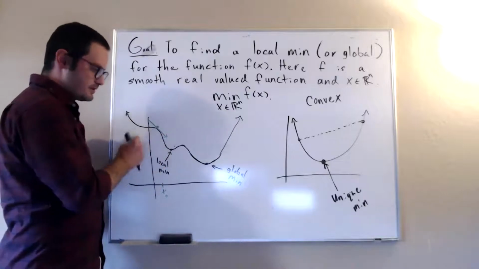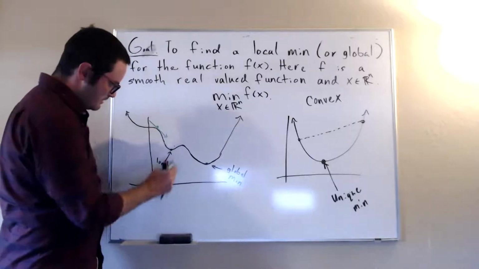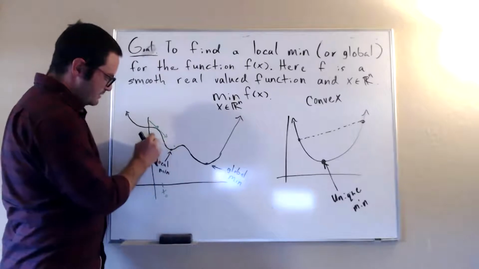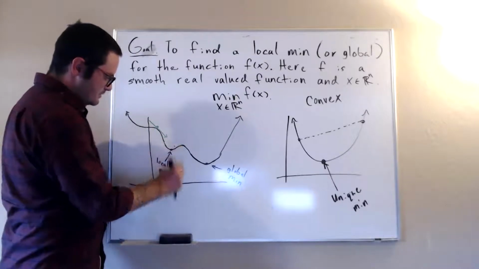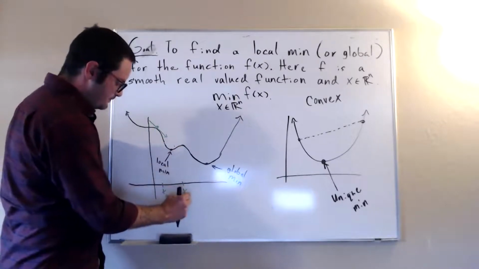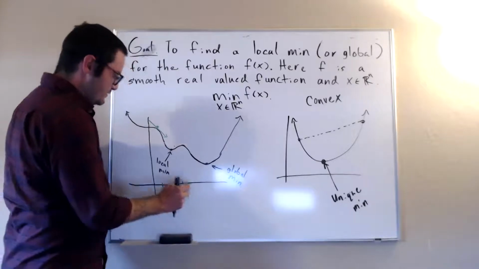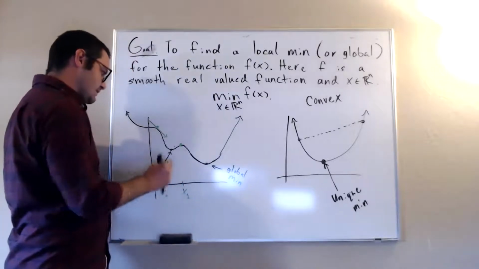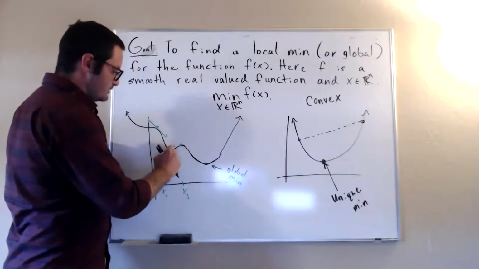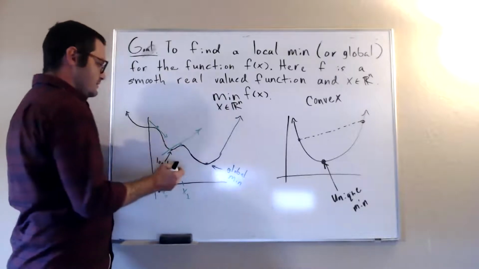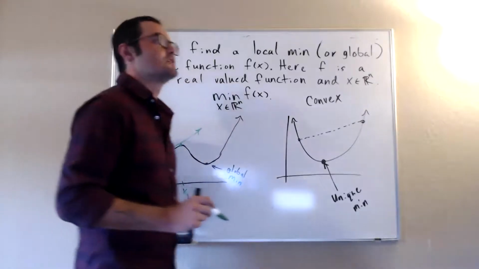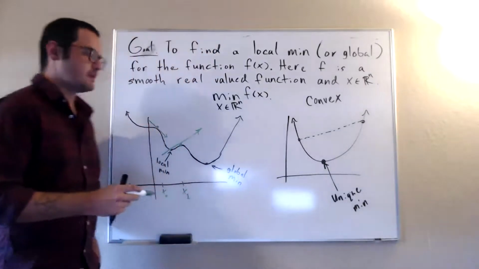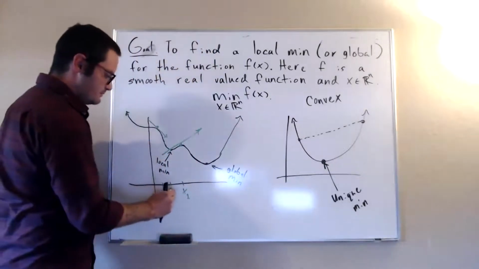Notice the sign here is negative, so we want to go this way. So maybe we'll make another choice here. And then we'd evaluate the derivative again, and we'd see that if we go this way, we'd be walking uphill. So we'd want to go in the opposite direction and go back this way.